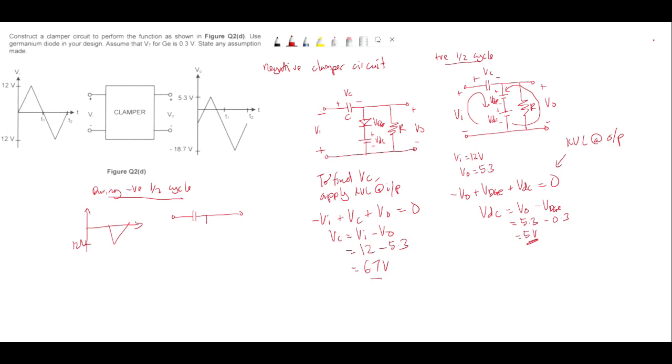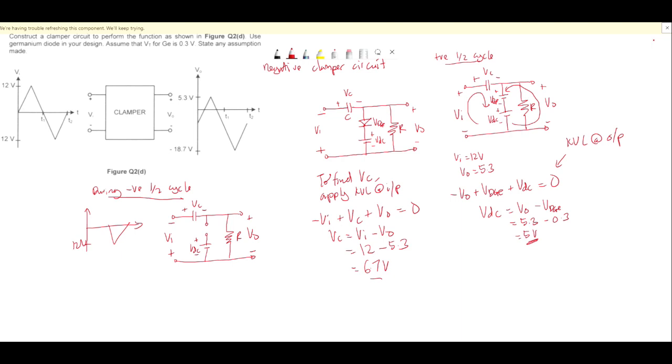Since your diode is off, you can put it as an open circuit. Plus minus V out. Here the polarity remains the same as in the positive half cycle. So here is negative, positive, V in. Here positive, negative, VDC. This is your circuit during negative half cycle, so your diode will be turned off.